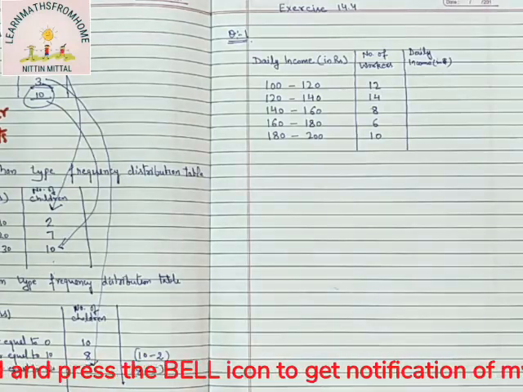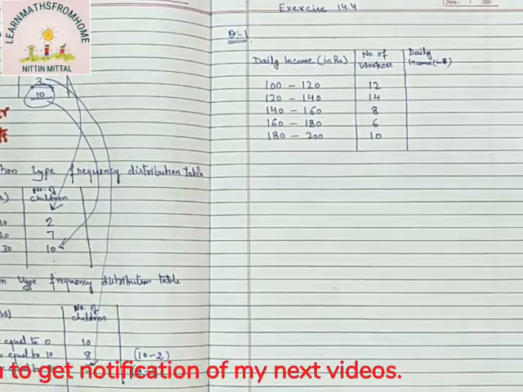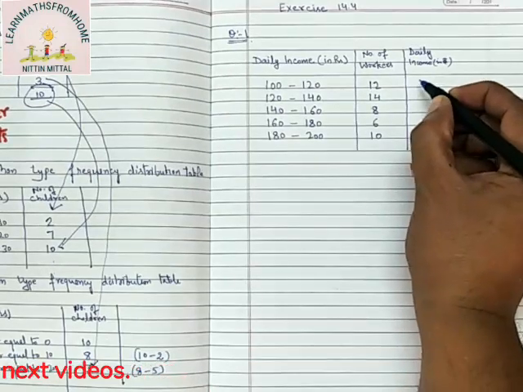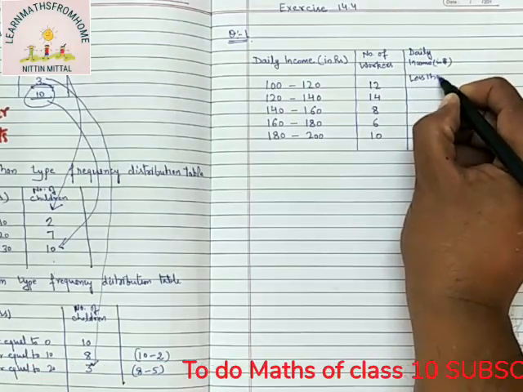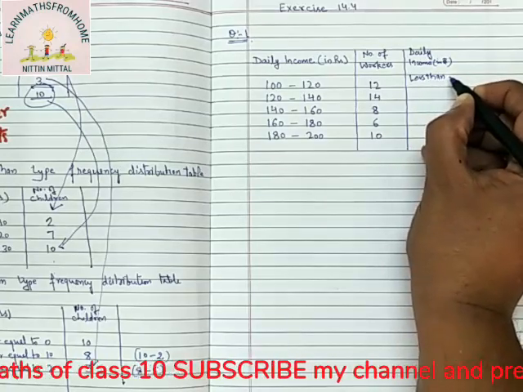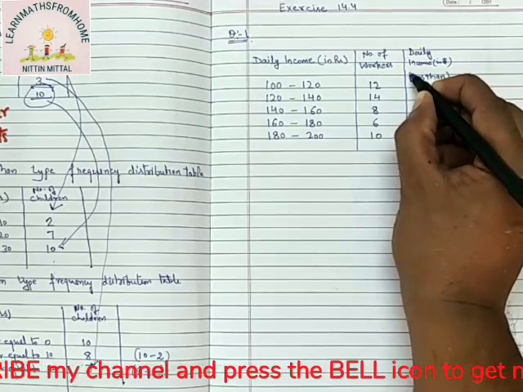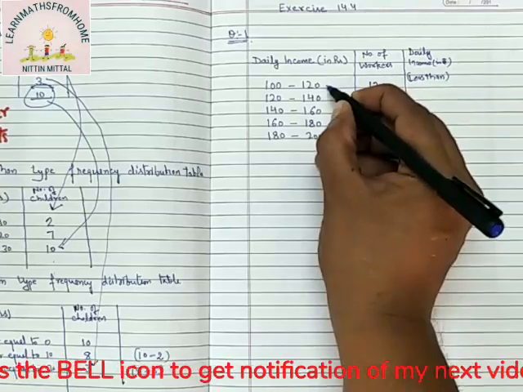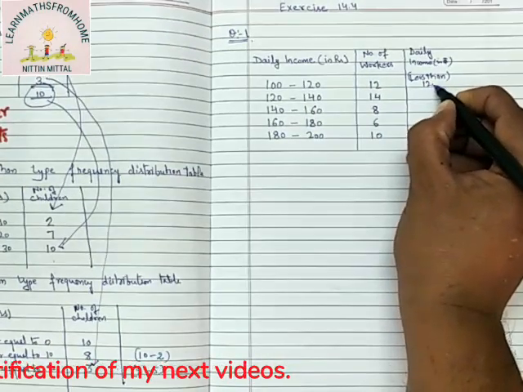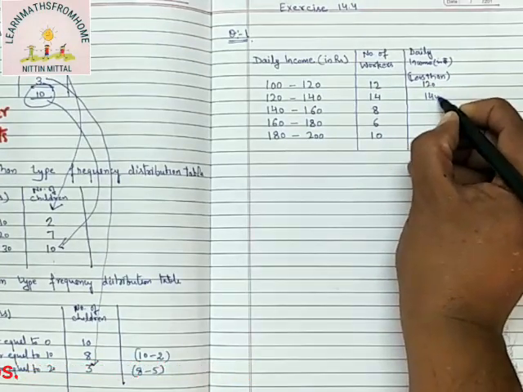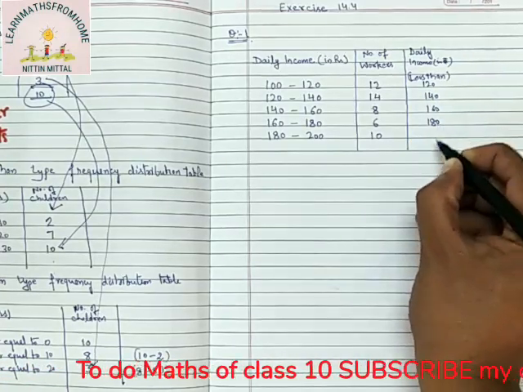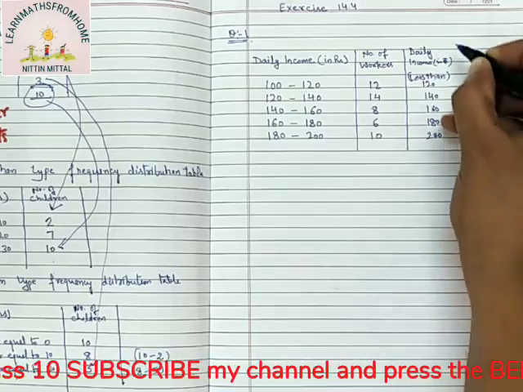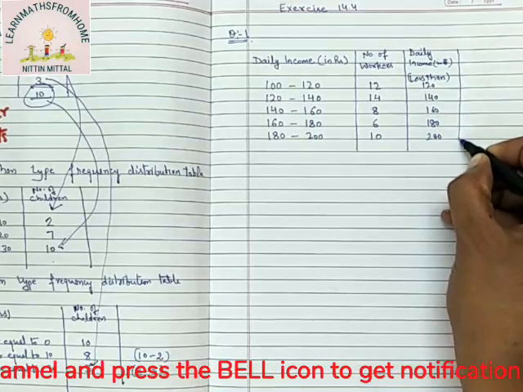So instead of writing less than again and again, we can write less than once at the top. We can also use the word below. So less than, upper limits are 120, next is 140, 160, 180 and 200. So these are the upper limits.